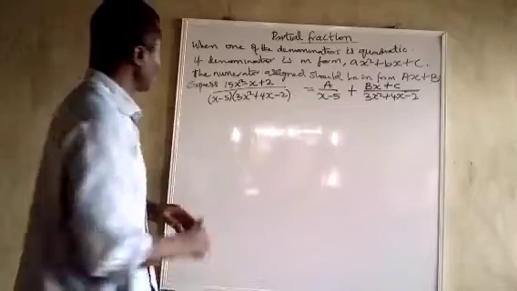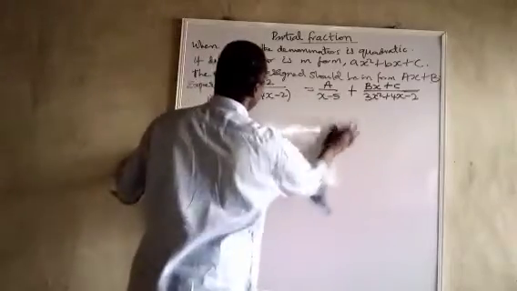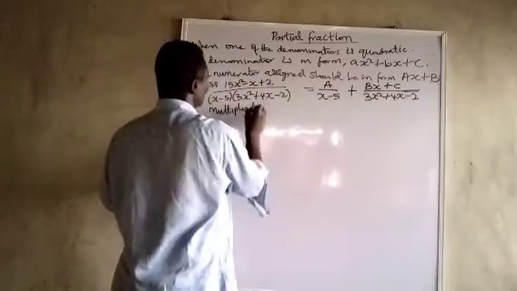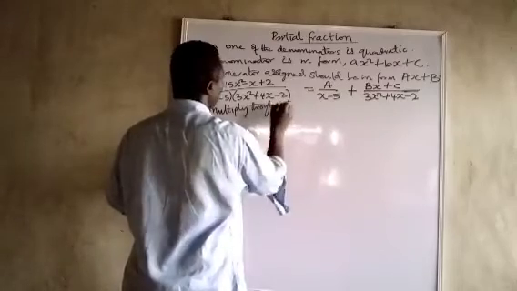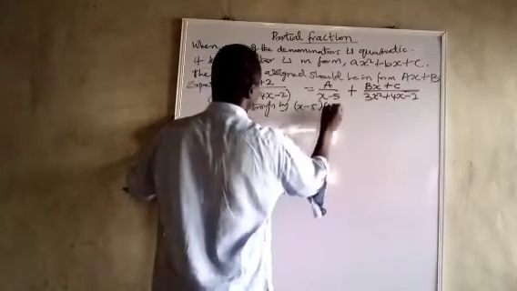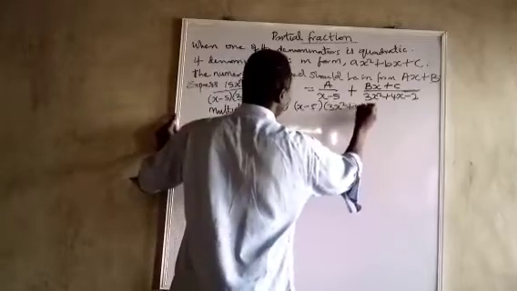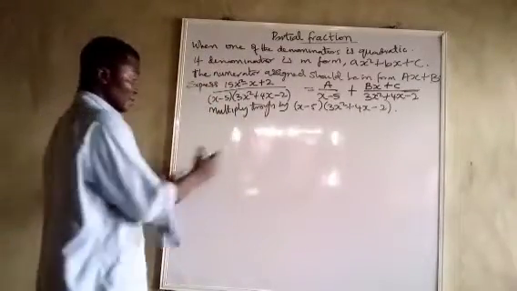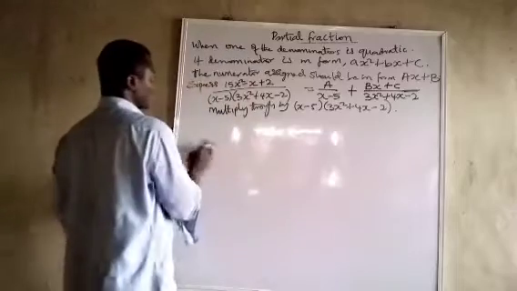Now to work further on this, let's multiply through by the LCM, (x minus 5)(3x squared plus 4x minus 2). I told you, you can expand just like the first one we did, and then equate the coefficients.